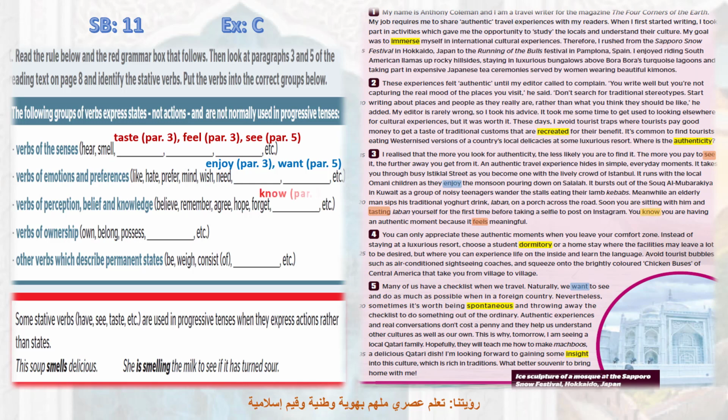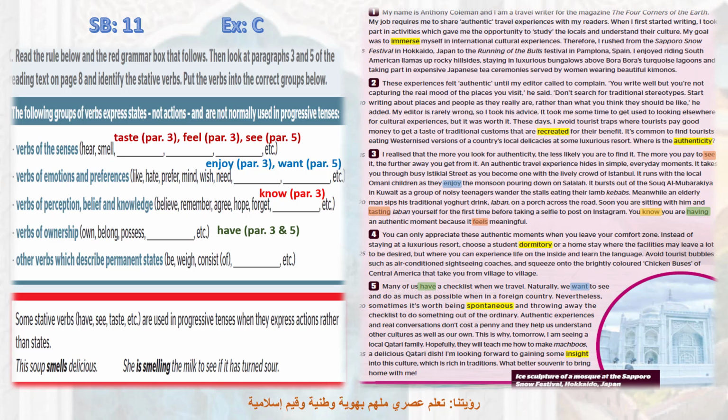Know in paragraph 3. Now it's time to move to the fourth type of stative verbs: verbs of ownership. Own, belong, possess. What else? Yes, we have in paragraphs 3 and 5.